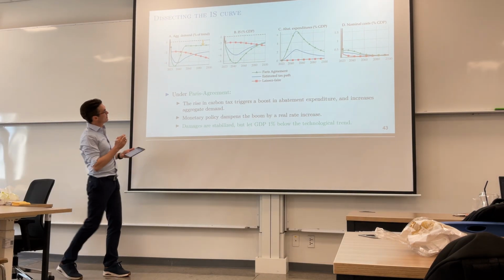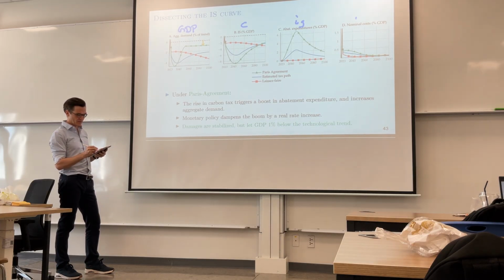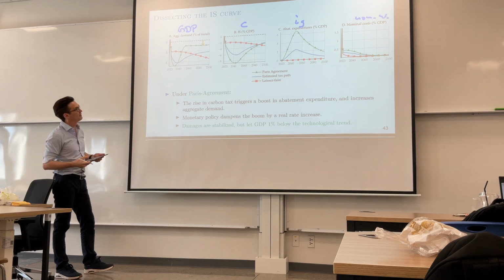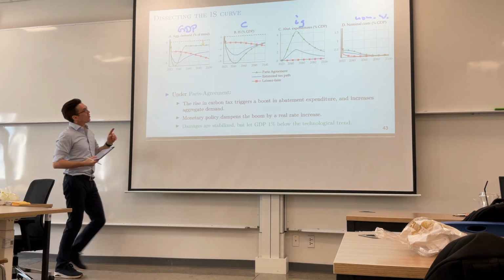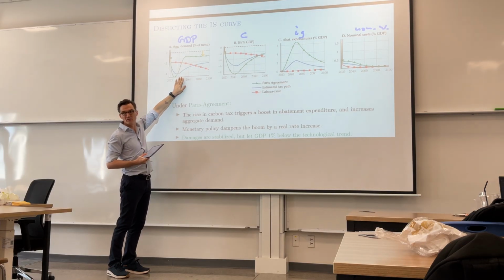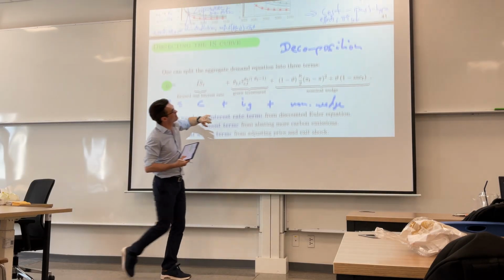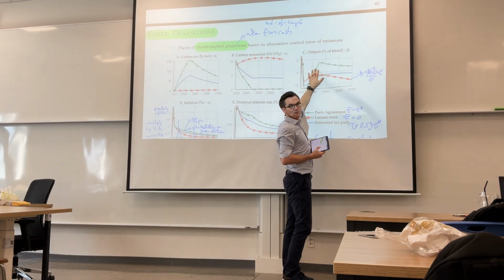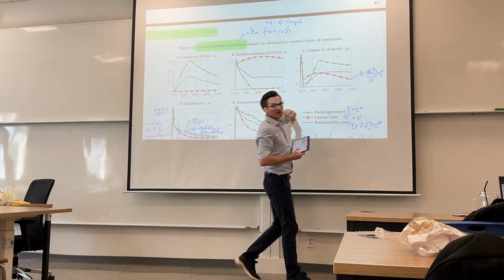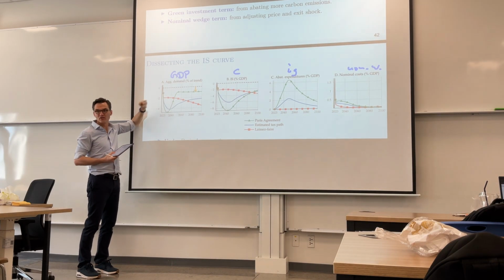And so that's what we have here. You can think about this as being GDP here, and then this is consumption, and this is IG, and then this is just the nominal wedge. So this is the overall results. Now this is work in progress. If you really have sharp eyes, this is not exactly the same as this, so you have to take this with a grain of salt.